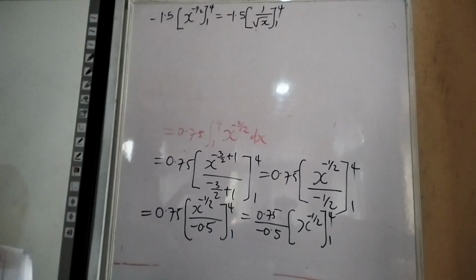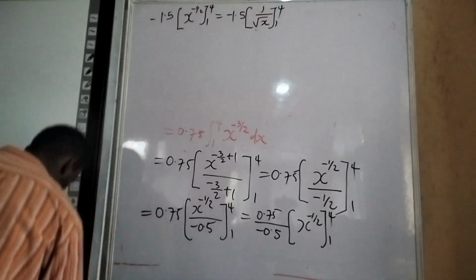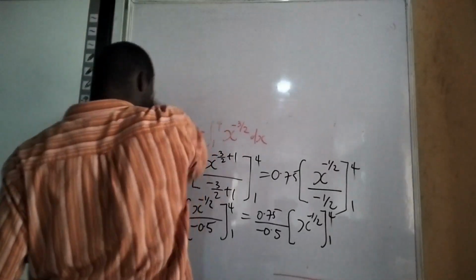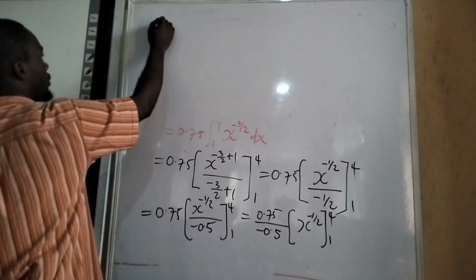So 0.75 over minus 0.5 gives us minus 1.5.